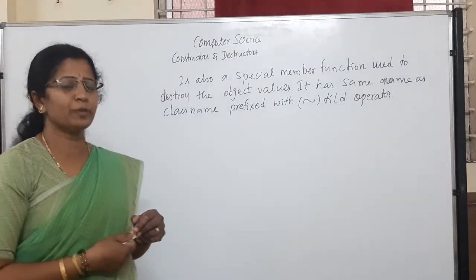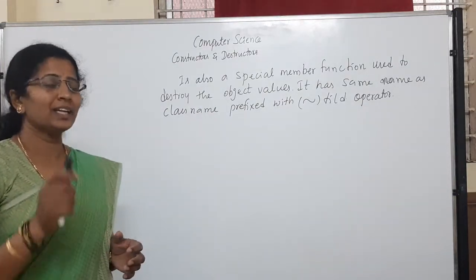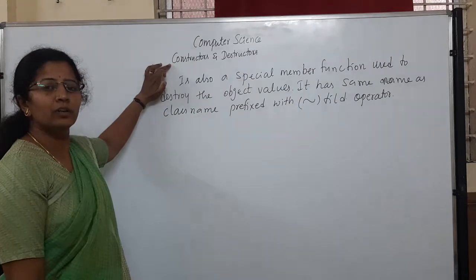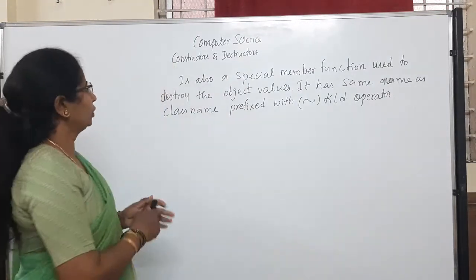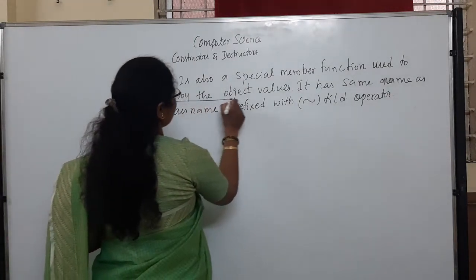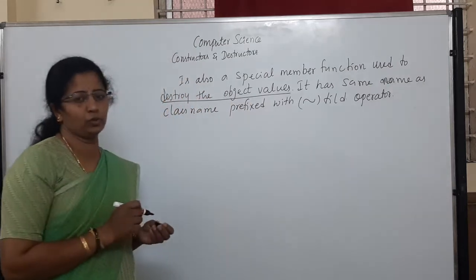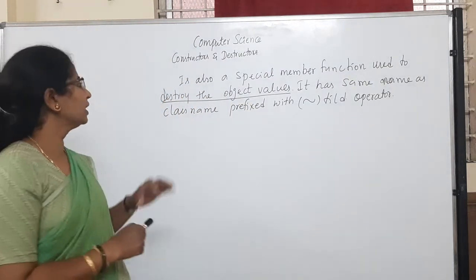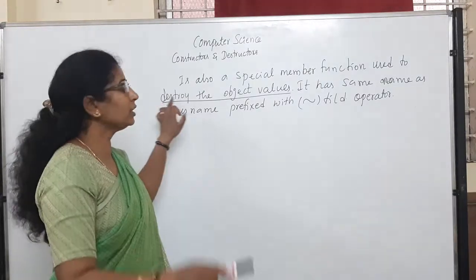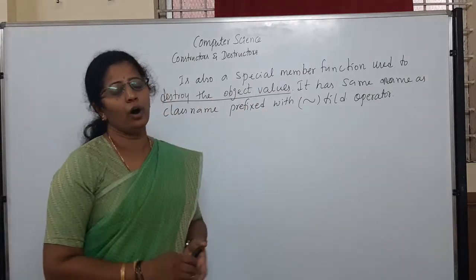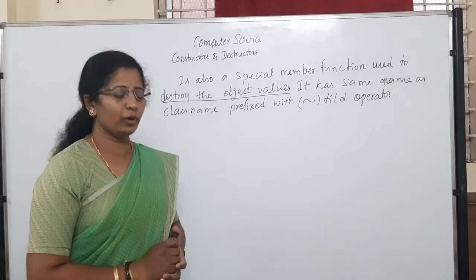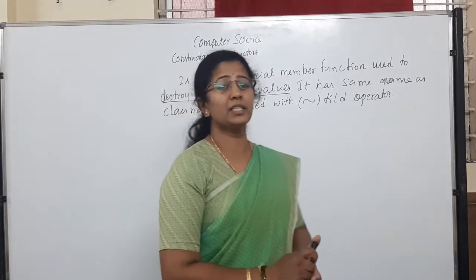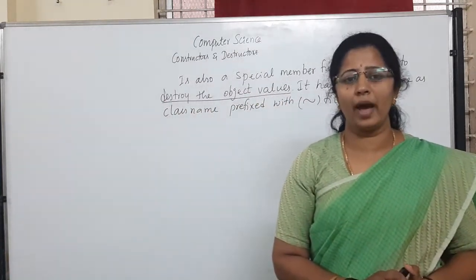See, it is also a special member function. Constructor is used to initialize the values to the object. Destructor is used to destroy the values present in the object. Once the program is executed, the constructor initializes the values.